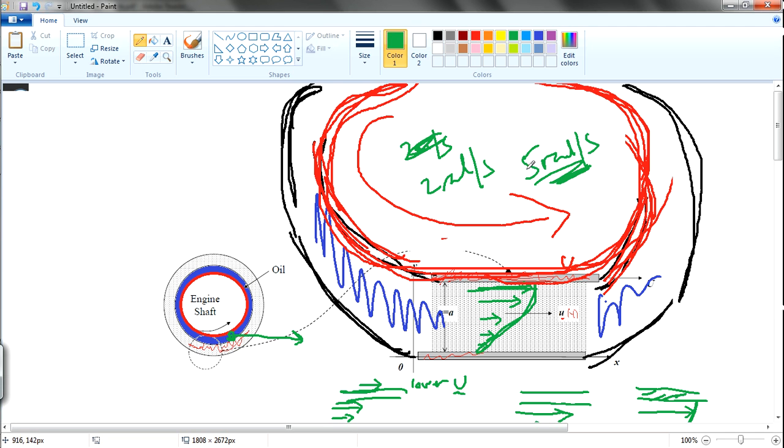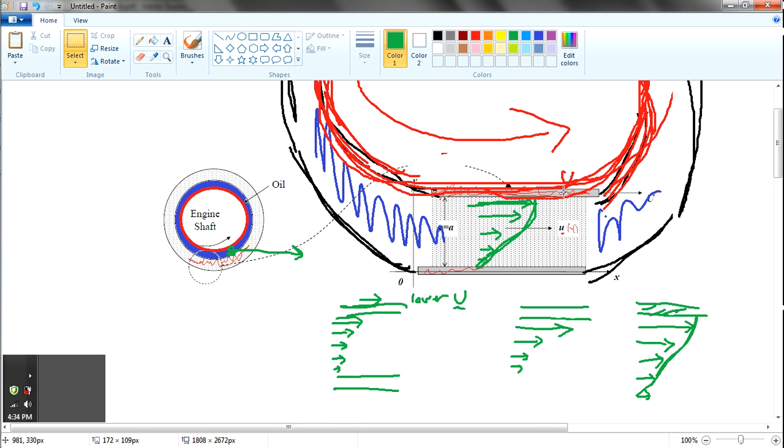From start up to 5 radians per second is the transition, and then 5 radians per second is spinning all the way. Well, 5 radians per second is not very fast, but I just want to convey the idea.